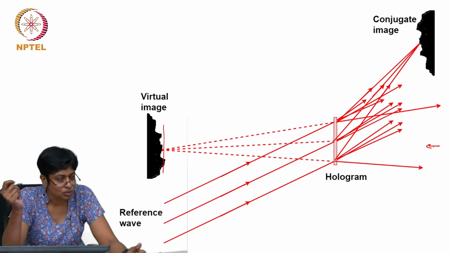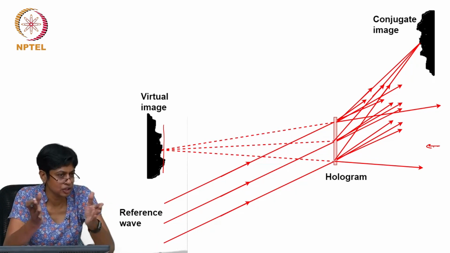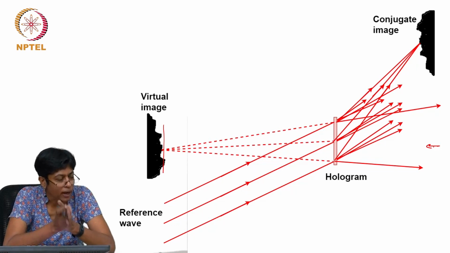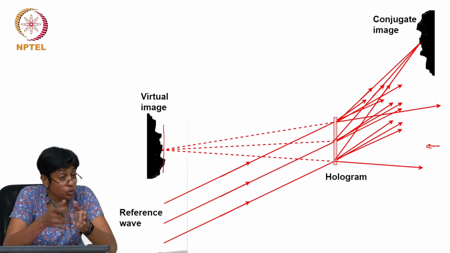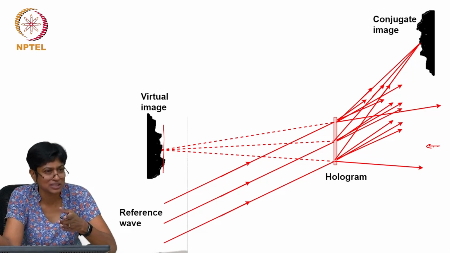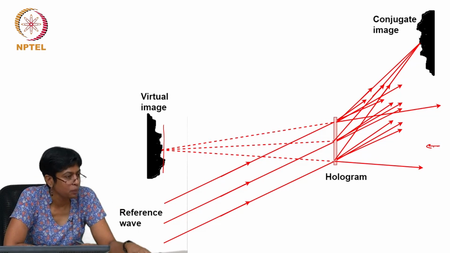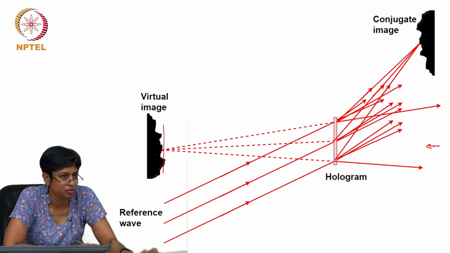Okay? So 4 beams are generated, 2 are following the direction of the reference beam, 1 converges to an image that I could then photograph, make a 2-dimensional image out of, and the other one gives me a virtual image. So the 4 beams correspond to these 4 different directions.